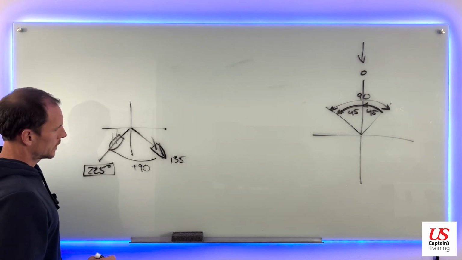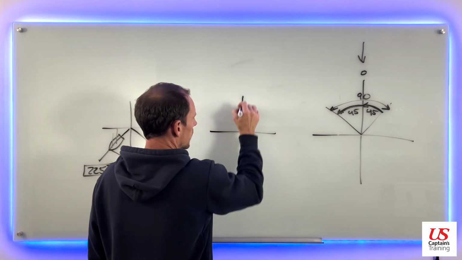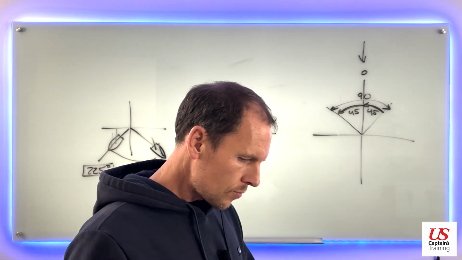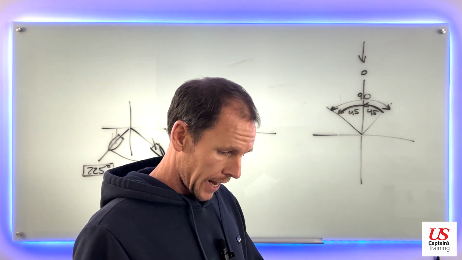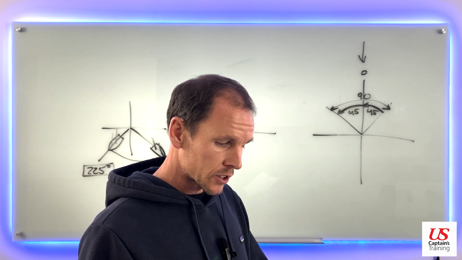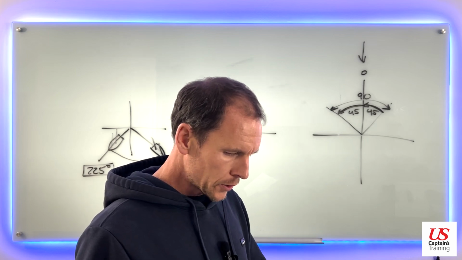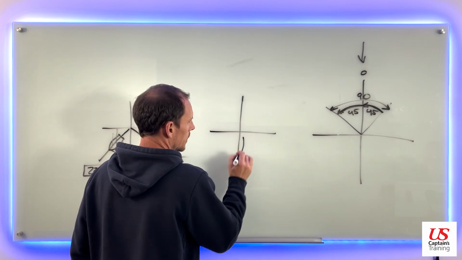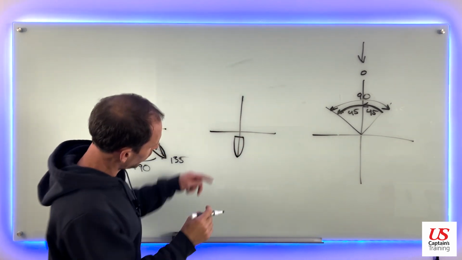Good. Let's go to number 4. Here we are again. We'll make our little diagram. Number 4 says, if you're sailing close hauled on a port tack with a course of 180 and you tack to close hauled starboard tack, what will your new course be? So we're close hauled, port tack, 180. Here's 180. We're close hauled, port tack. Which side's the port?